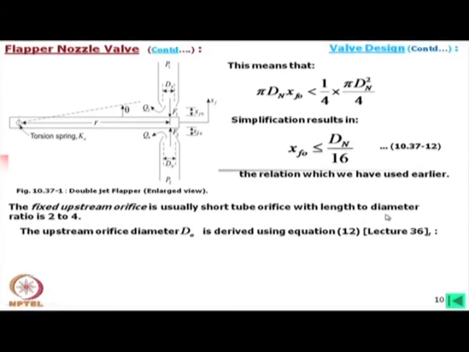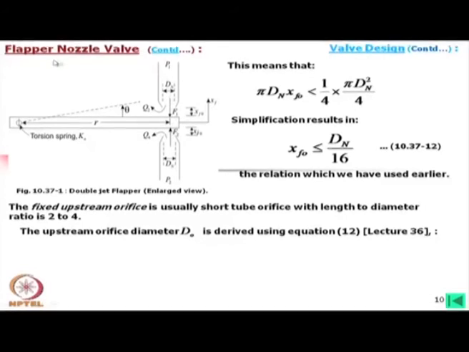Anyway, the fixed upstream orifice is usually a short tube orifice with length to diameter ratio of 2 to 4. Again, another important factor is that, say this is the orifice opening and this is the length of this nozzle. What should be the length? No, this is not this orifice.